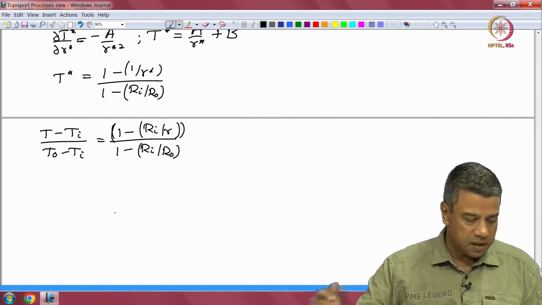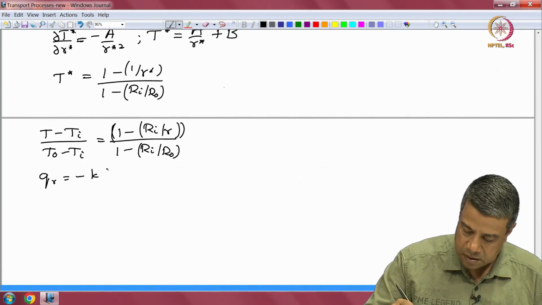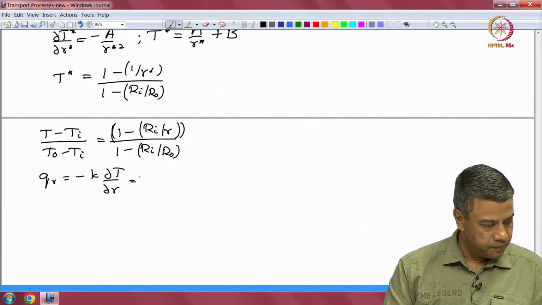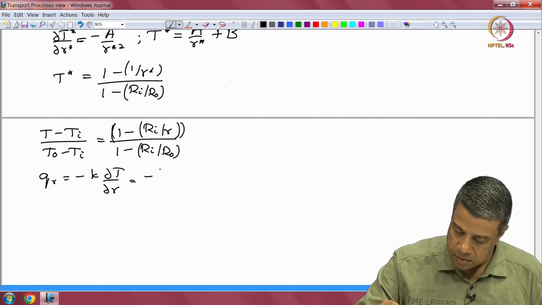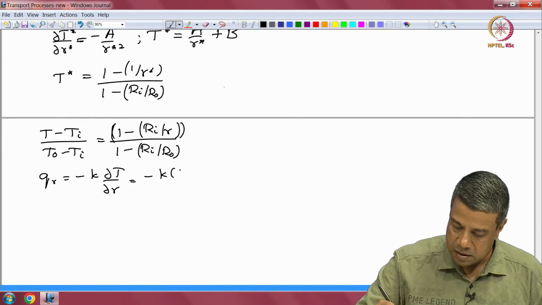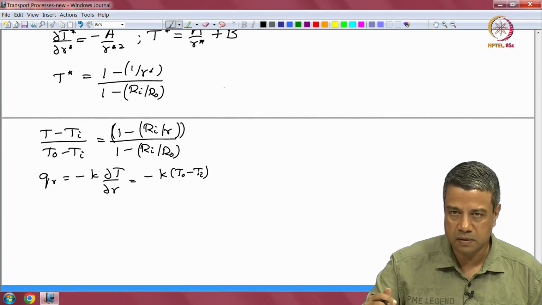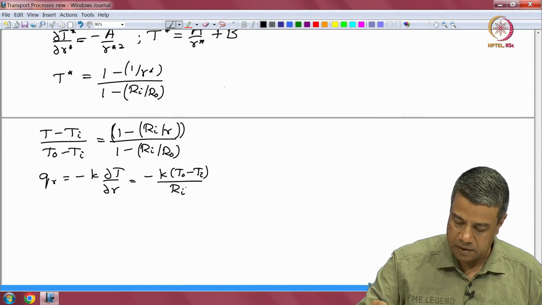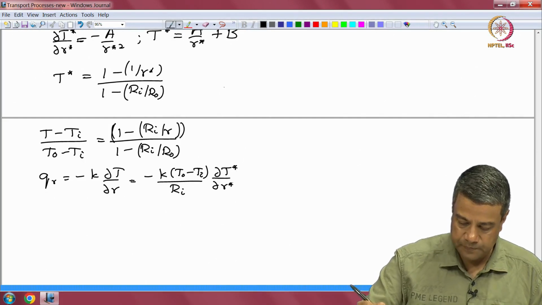I can get the heat flux, q r is equal to minus k partial T by partial r. T is T O minus T I into T star, and on the denominator I have r I partial T star by partial r star.